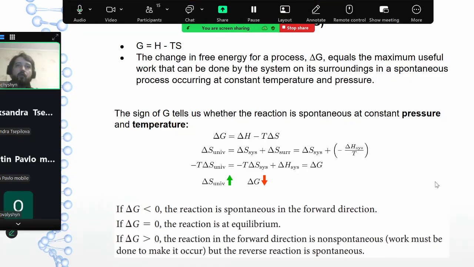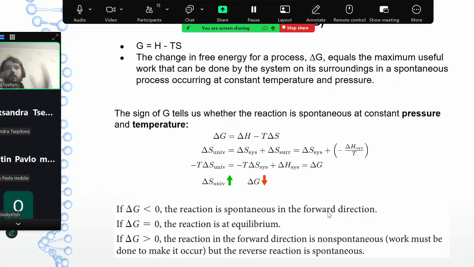What's interesting for us, the sign of G tells us whether the reaction is spontaneous at constant pressure and temperature. Well, basically the sign of delta G. So here we have the equation for delta G, some small proof, whatever. If delta G is less than 0, the reaction is spontaneous in the forward direction.